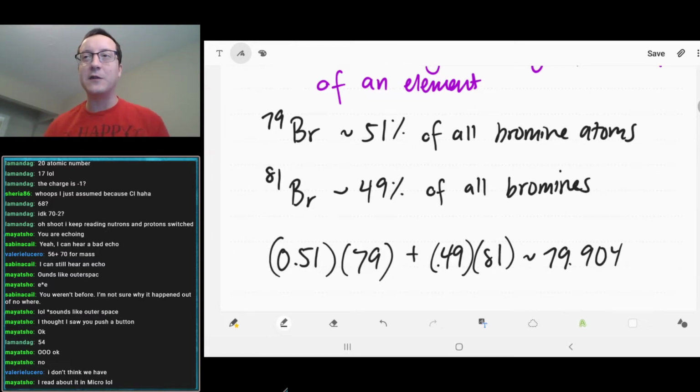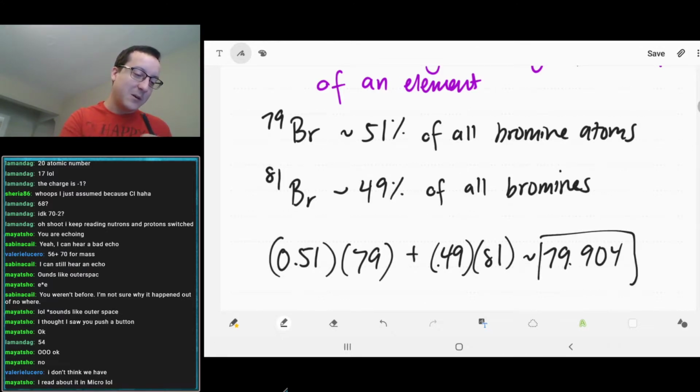It will be slightly different if you were to actually do this calculation, because these percentages are rounded, it's not really 51.49, it's like 50.942, or there are more sig figs here. I'm just rounding, and the actual isotope masses are a little bit less. So bromine 79 actually has an isotope mass of something like 78.9. So just a little example here.